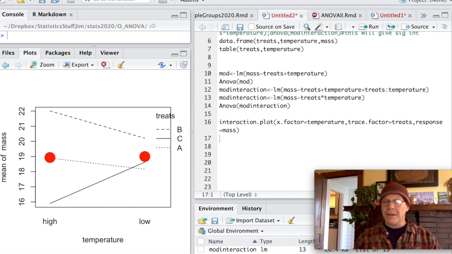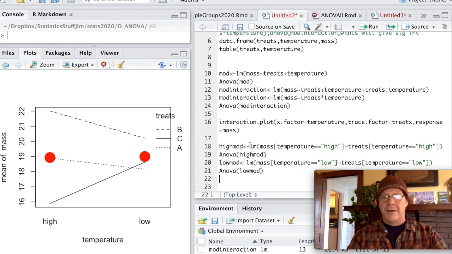And so let's split up the analysis based upon that, and let's think about the importance of treatments, because that's what we might be interested in. So I'm going to split this out, and I'm going to have a high mod and a low mod.